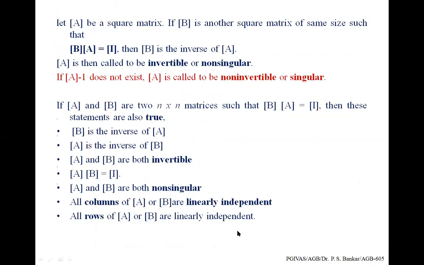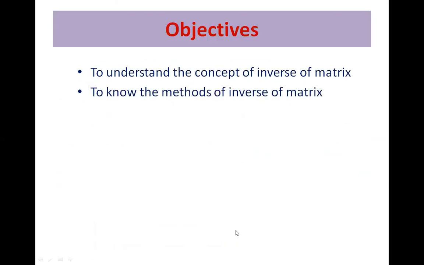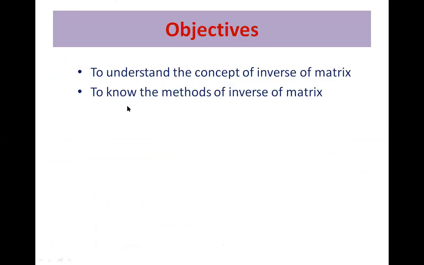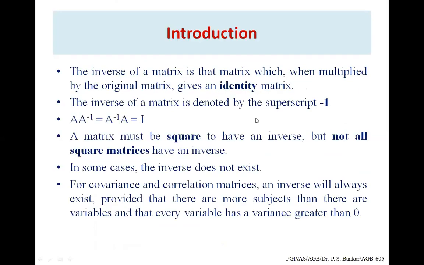So let us revise, because I think Anup has just joined due to some technical difficulties. Today, friends, we have discussed the concept of the inverse of a matrix, as well as the methods of finding it.